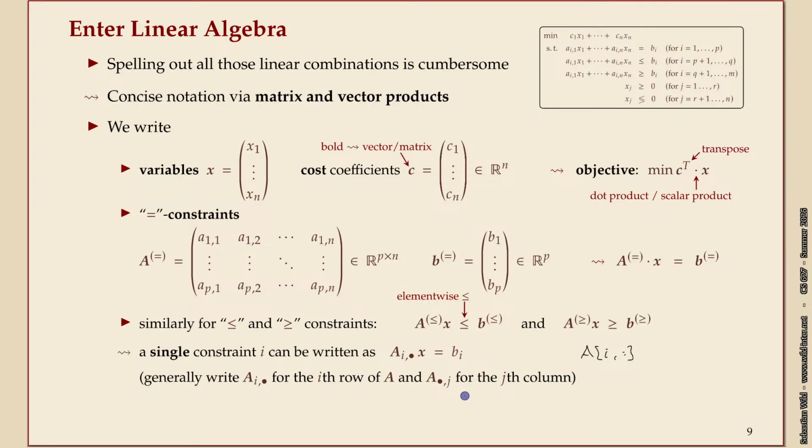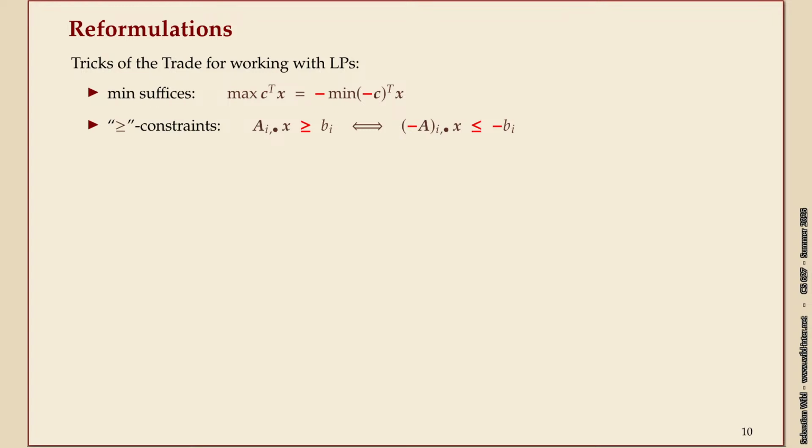Okay, so we can very compactly now write our LPs. There's a few other little, really shallow tricks we can do. The one is we don't need maximization and minimization. You can always write a max as min of the negative. You can just negate the cost function and minimize the negated.